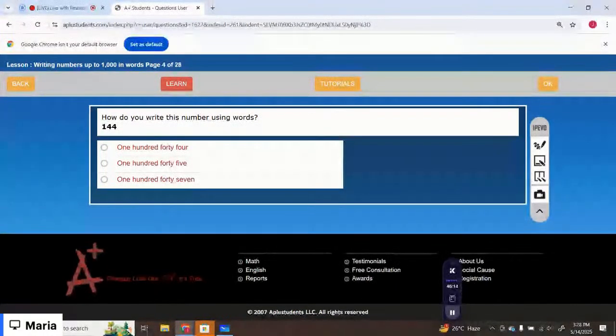Now we will write this number in words. 144. So which is the correct option?